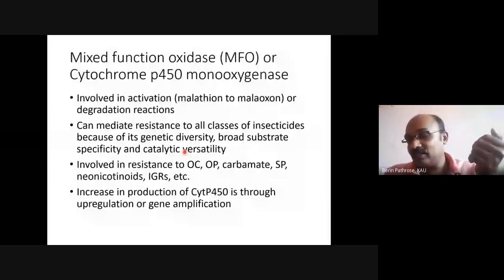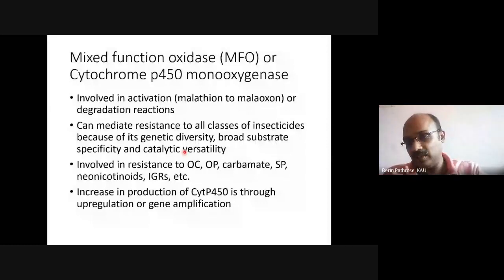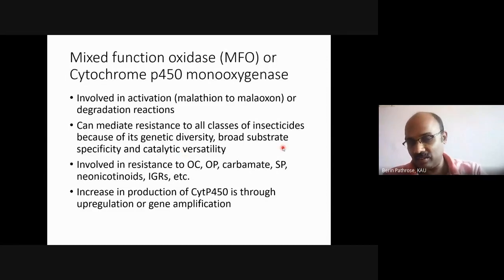And mainly it is due to, as already told, upregulation, that is more production of the enzyme with the existing gene set, or the insect will make more copies of the gene, gene amplification. That's the case with other enzymes also.